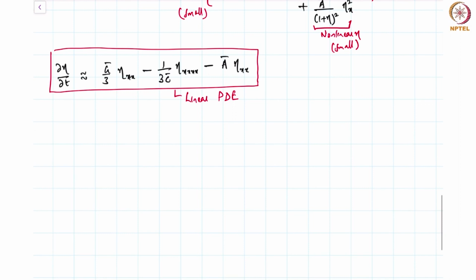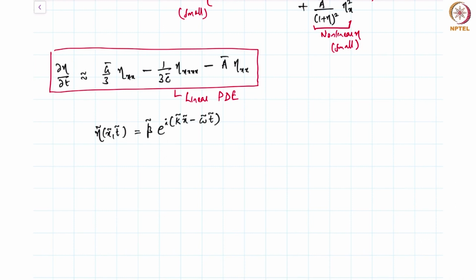So we'll be following that discussion here as well. So the idea is the following. We have eta hat of x and t. We'll assume it to be some beta hat, some amplitude, times e power i k hat x hat minus omega hat t hat. Okay.